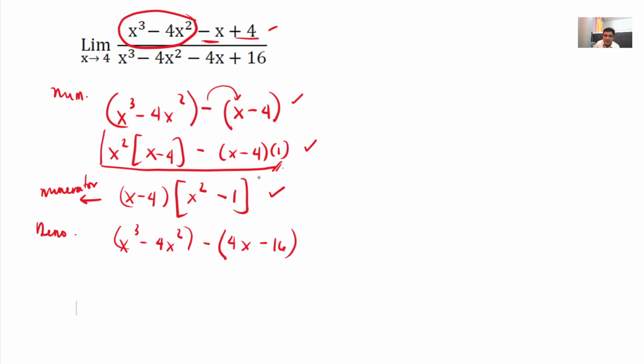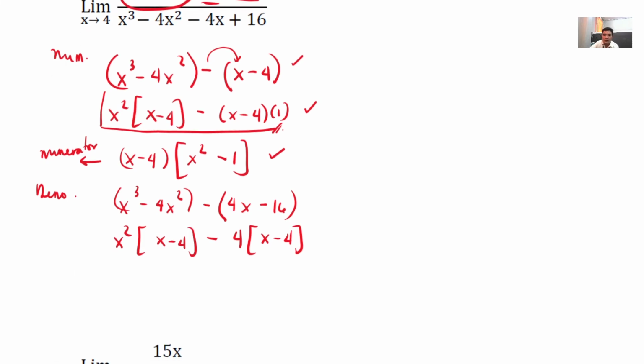And negative times negative 16 is positive 16. Okay? So sa denominator, parehas lang sila dito pag nag-group. And then I will bring out dito sa first term natin si x squared. Magiging x minus 4. Sa pangalawa naman, I will bring out 4. So magiging x minus 4. 4x divided by 4 is x.